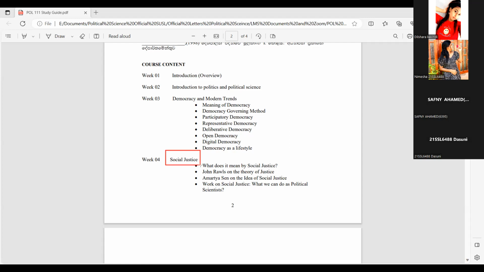So we will discuss all these concepts. What does it mean by social justice? John Rawls' idea, Amartya Sen's idea of social justice. That's the newest one. Amartya Sen, Indian origin, Cambridge educated, Nobel Prize winner in our field. I mean, the socio-economic field, right?